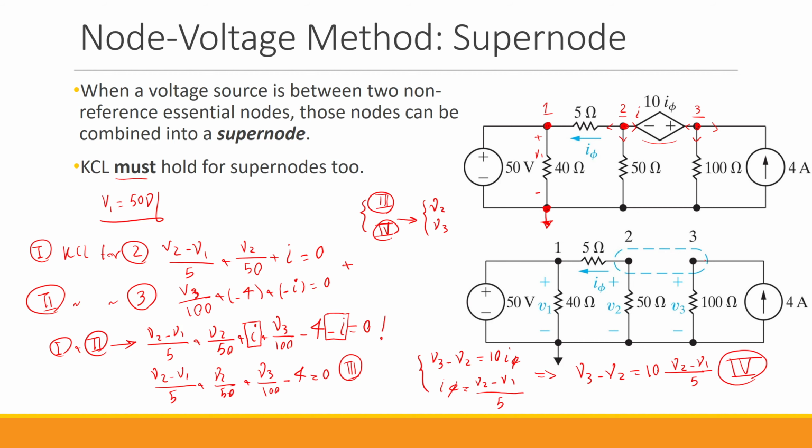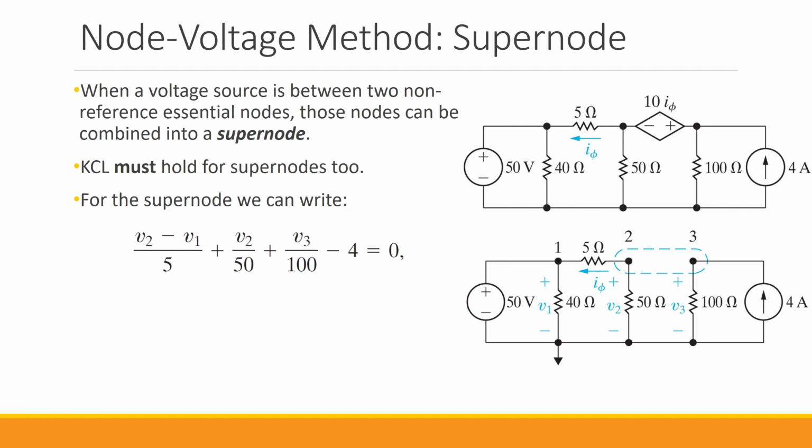Basically, we consider the combination of node 2 and node 3 as a supernode, and we write the KCL based on that supernode. So let me go to the next slide where I write the equation for the KCL using this supernode. So how do we do that?